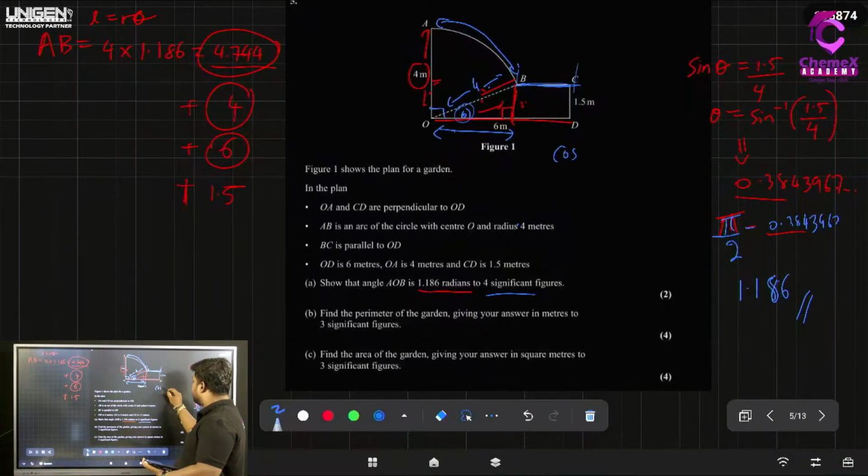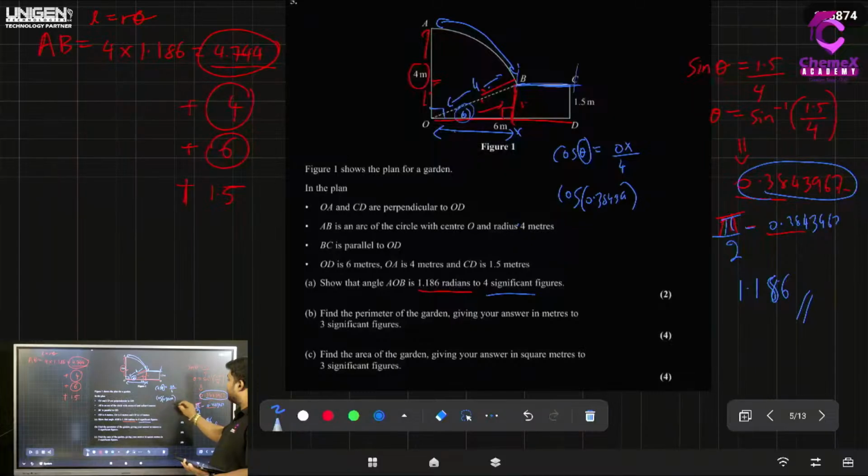So cos theta equals adjacent, let's say this is OX, over 4. Since we know the angle, what is the angle? The angle was 0.38439 something. What we got here, into 4, is equal to OX.